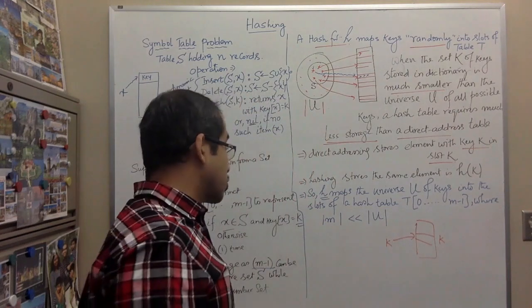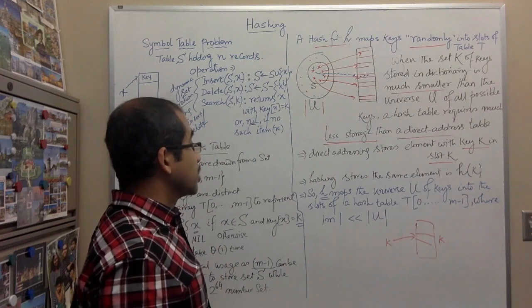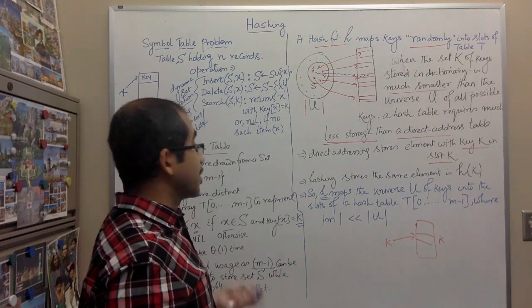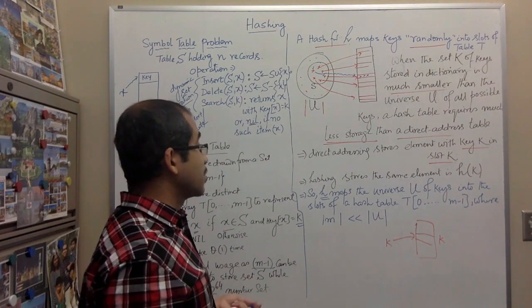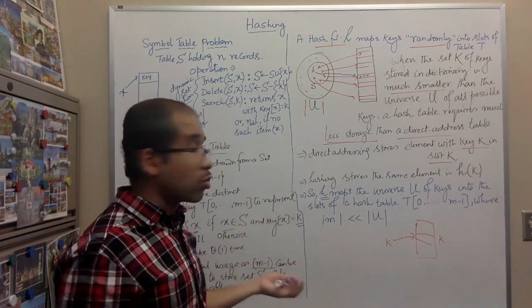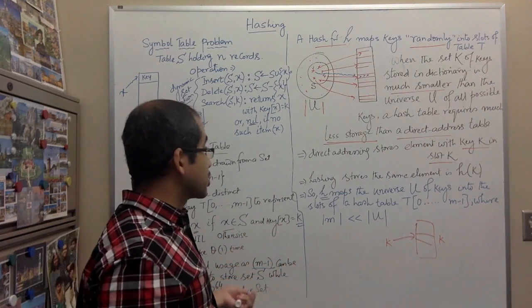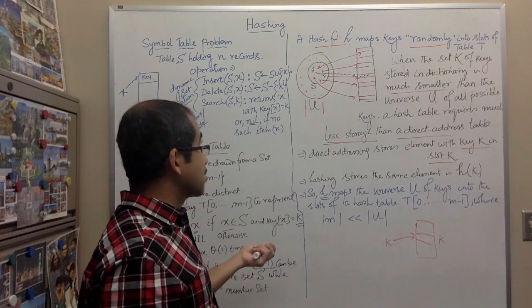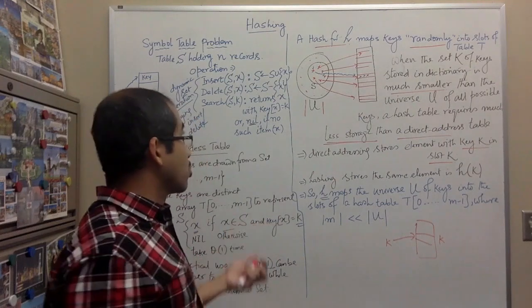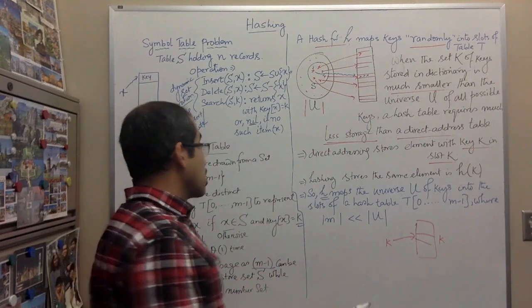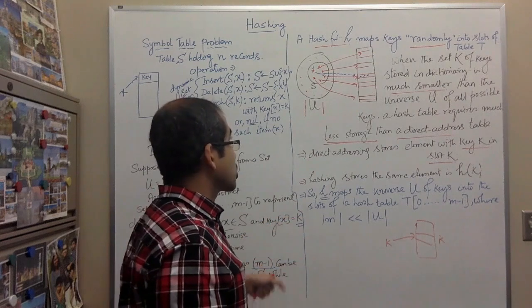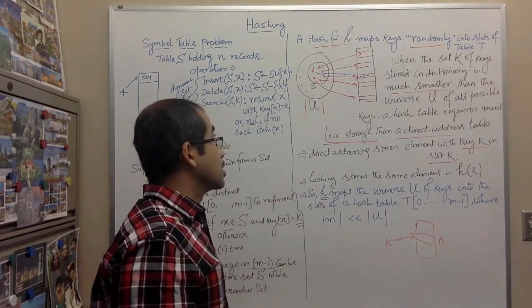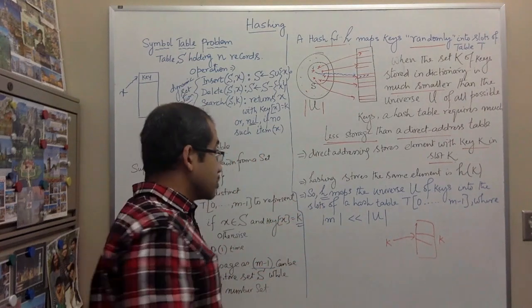You do not need to create a table the size of the universe, which is very large, and probably many of the keys are not actually being stored. So we do not need direct addressing. We can just create a table with as many nodes as need to be stored, and create a hash function so that those keys map to different slots in the hash table.